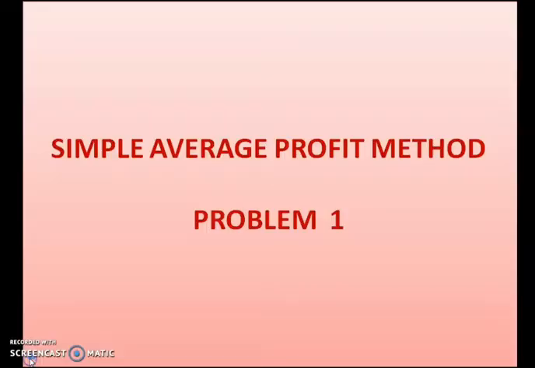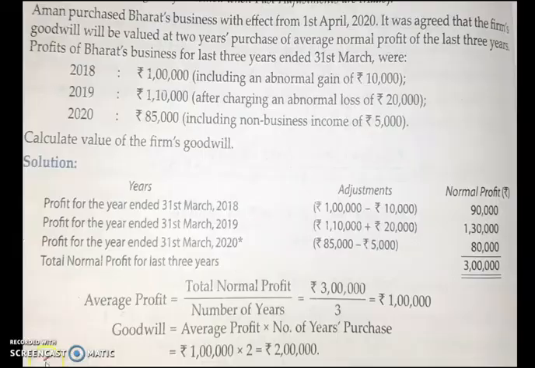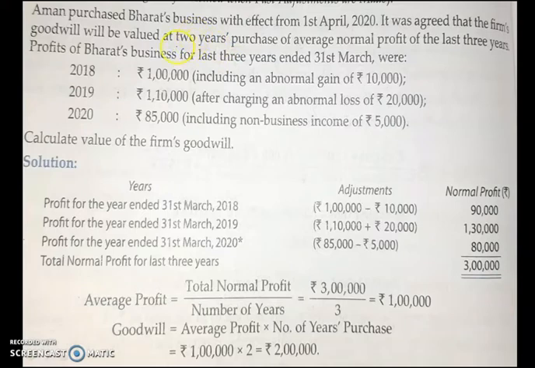If you move back, you can see the number of years purchase, so you got the step 3 answer over here. Let us mark it as step 3.